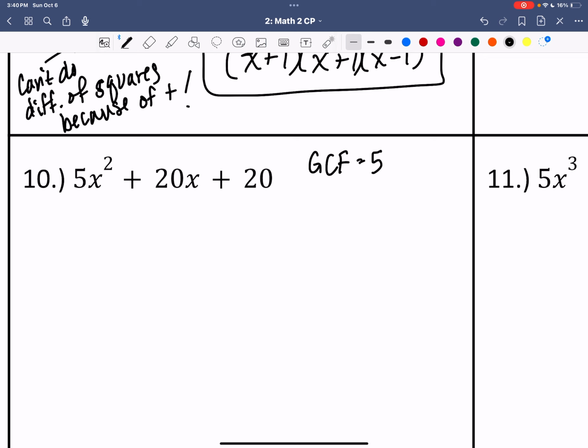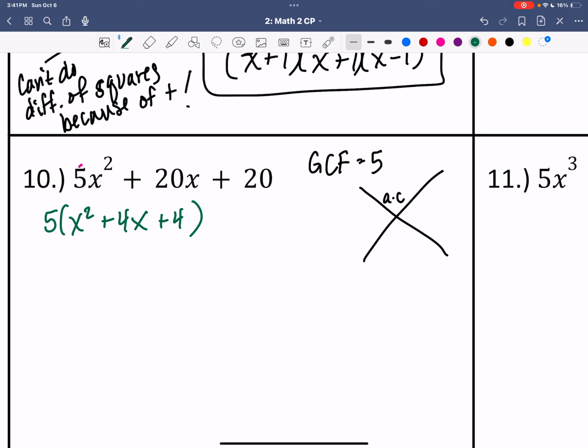So I'm going to do either AC, and I'll just do this. So A times C is... I almost forgot to factor all that out. Okay, now let's start again.